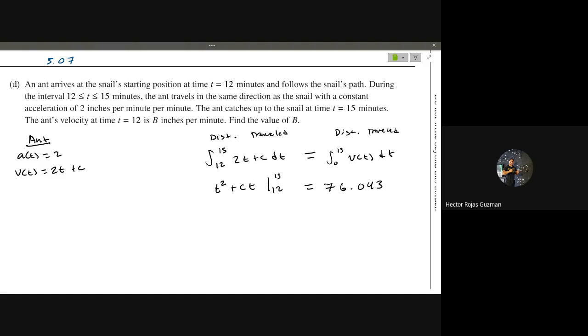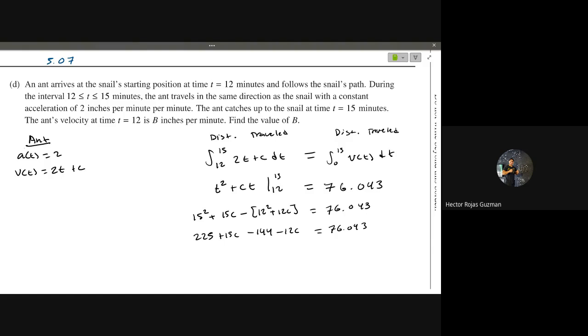Okay, our goal is to solve for c. So 15 squared plus 15c minus (12 squared plus 12c) equals 76.043. This is 225 plus 15c minus 144 minus 12c.